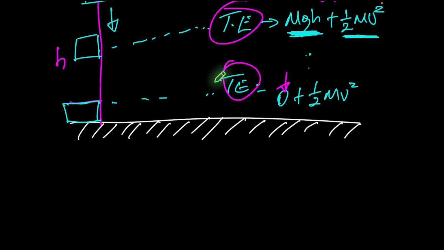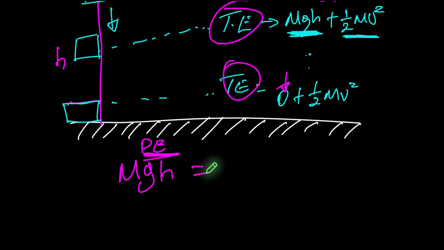If we have mass times gravity times height, that's our potential energy, we can relate it to our kinetic energy, which is half mv squared. Typically we can use this formula to work out stuff like the final velocity.